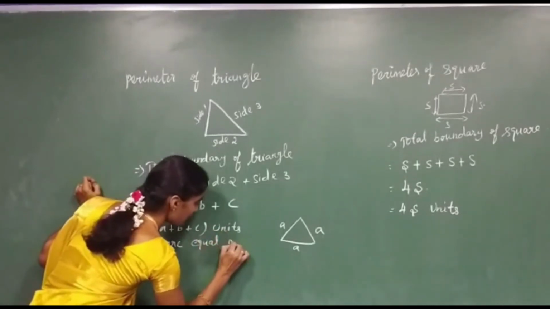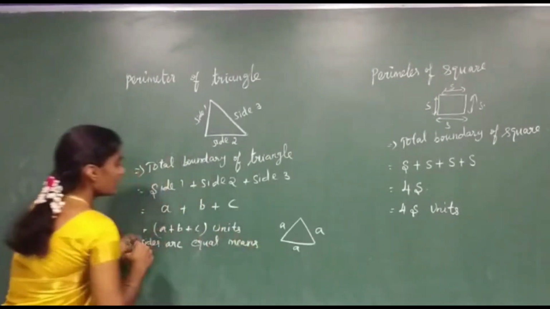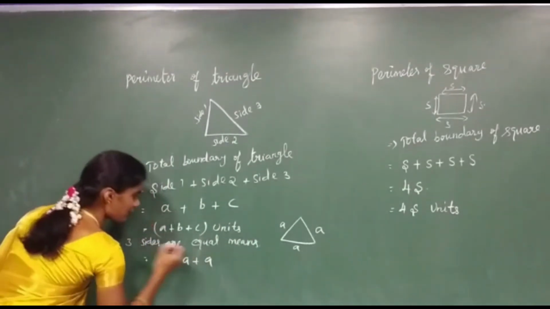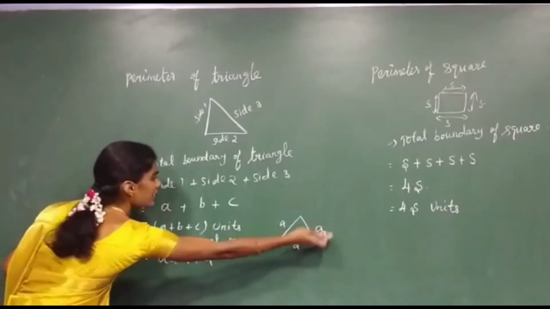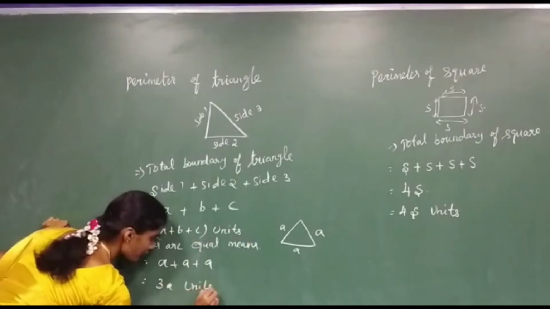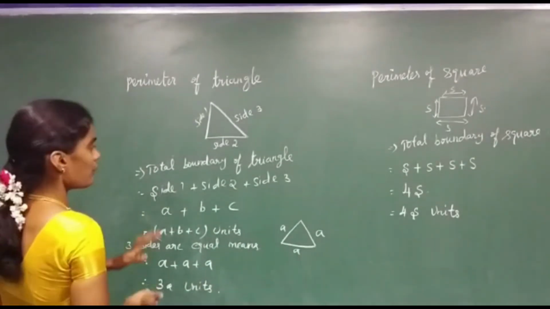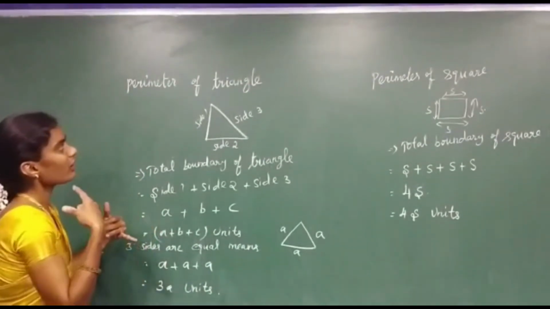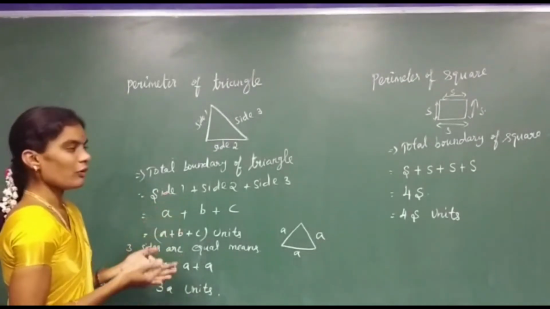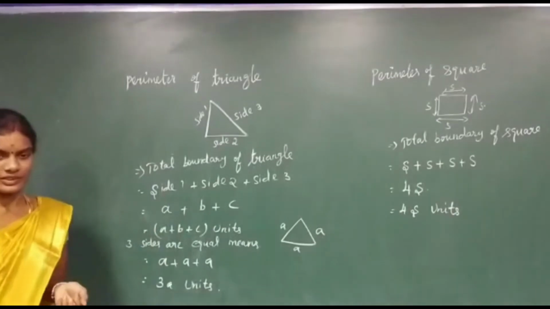The perimeter is A plus A plus A, so 3A units. Actually we now know the formulas for the perimeter of a rectangle, a square and a triangle. Now we are going to discuss some problems.